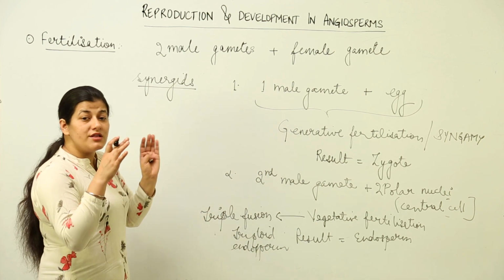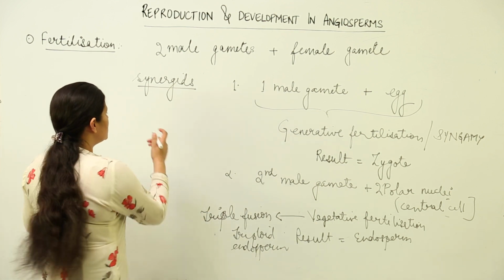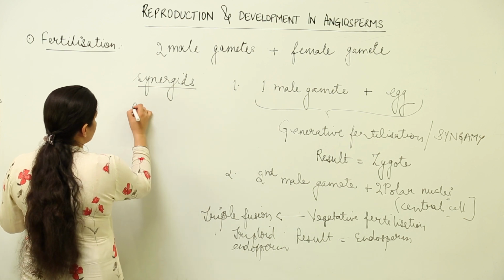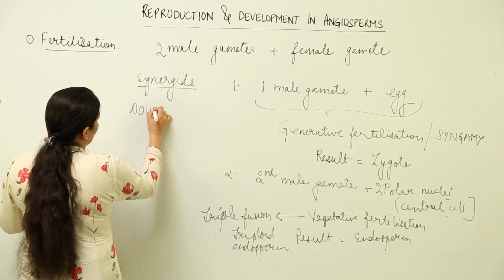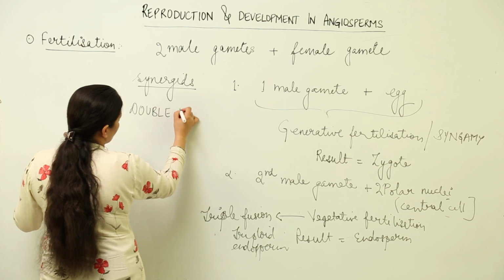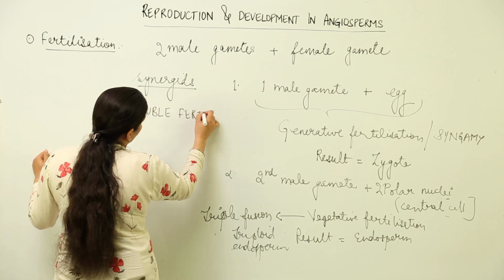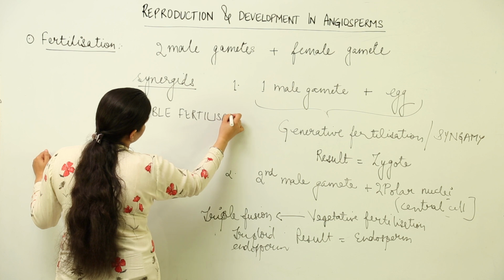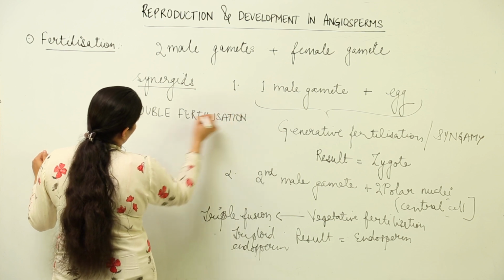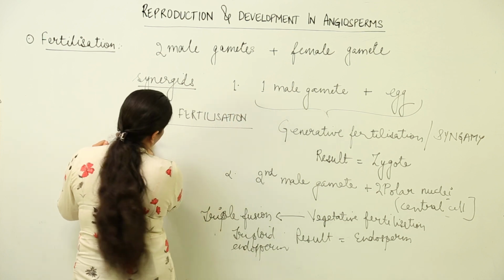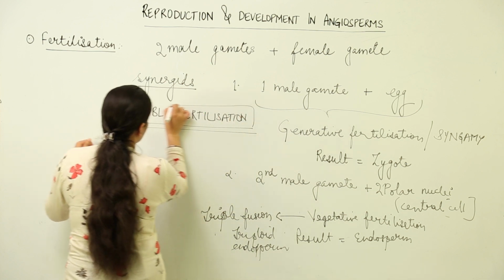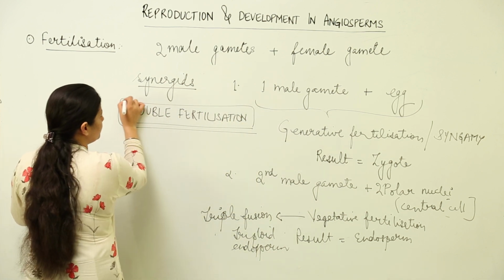That is why the fertilization in angiosperms is known as double fertilization. This is a characteristic feature, so certainly it has a weightage from the examination point of view.